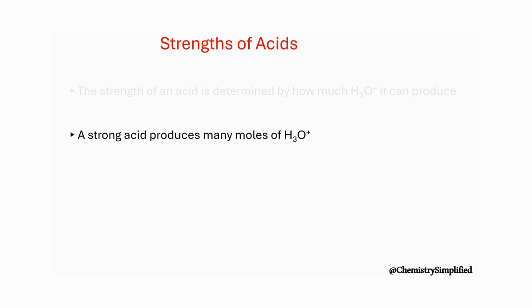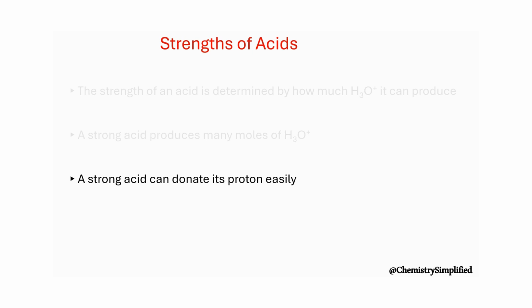A strong acid is able to produce many moles of hydronium ions in solution. Why? Because the strong acid can donate its proton easily. So if you dissolve a strong acid in solution, it would dissociate to produce hydronium ion in solution.